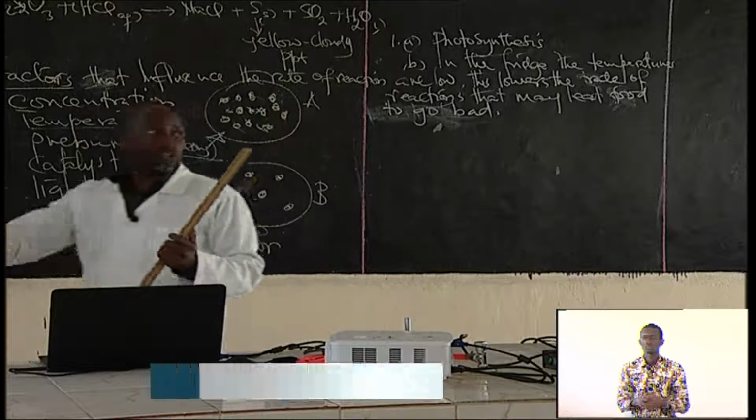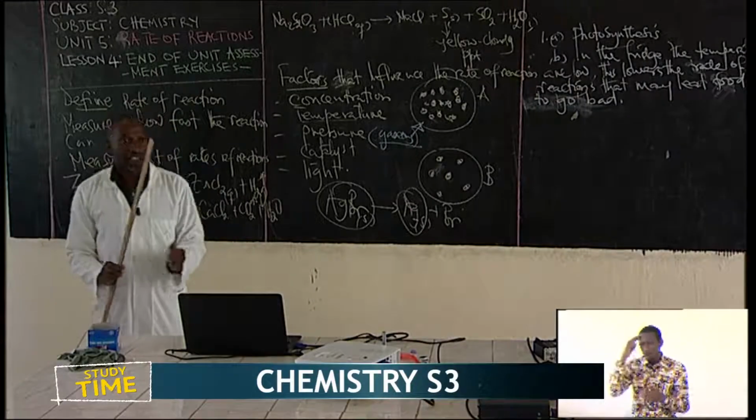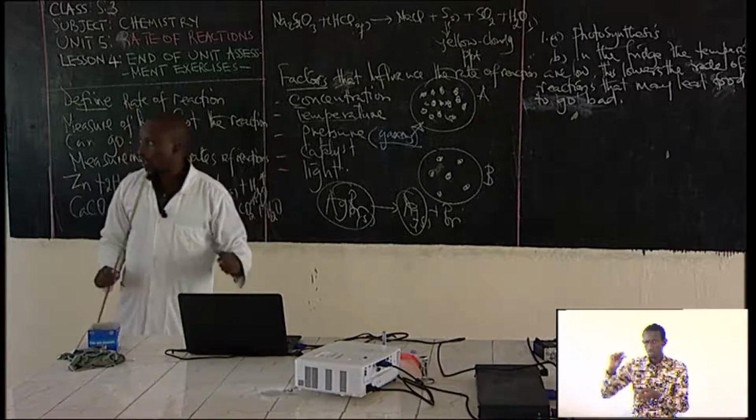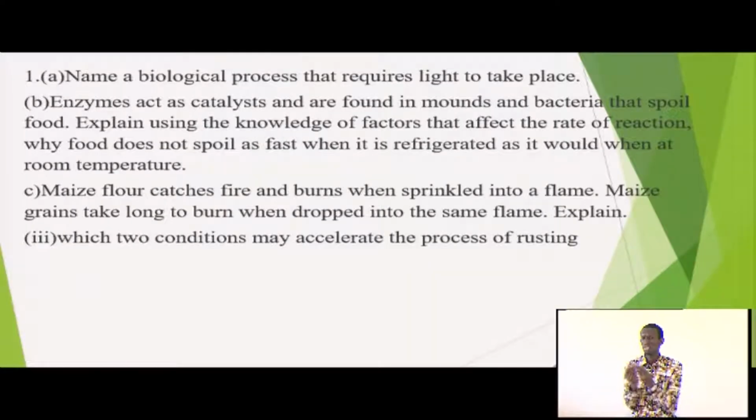It is just the effect of temperature that is being applied in here, lowering the temperature. So that means the reactions that lead to the destruction, leading to the food being spoiled, will go low.